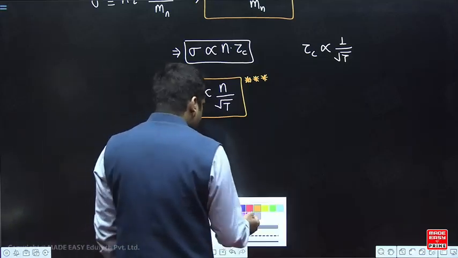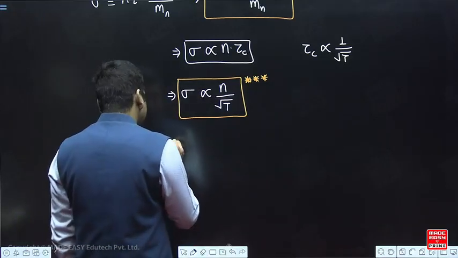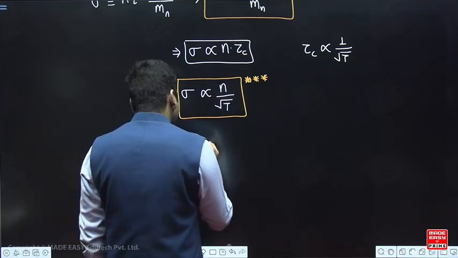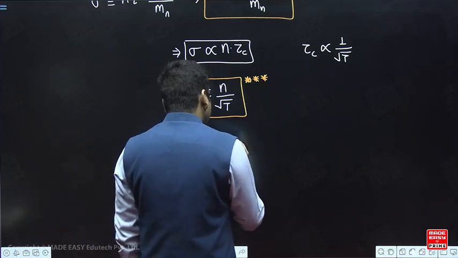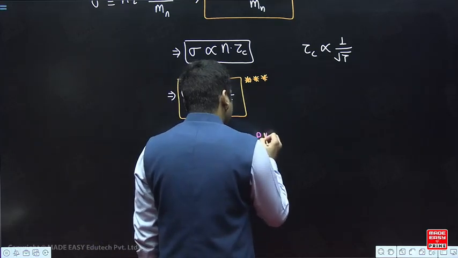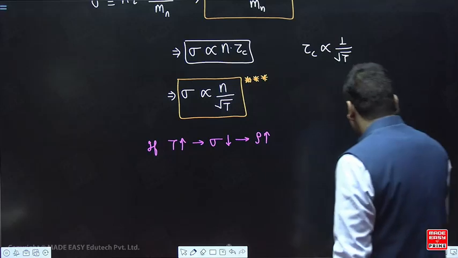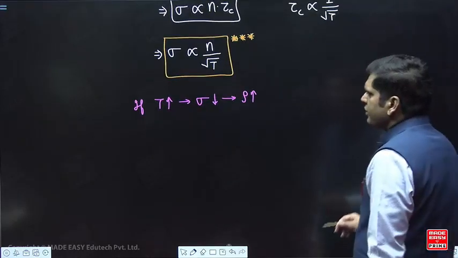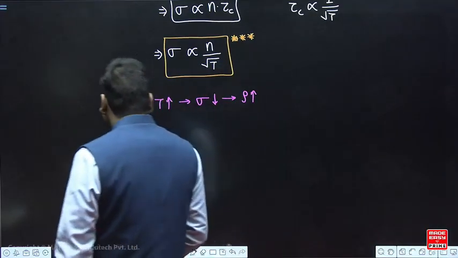So we can have one important observation: for metals, with increase in temperature, conductivity decreases and resistivity increases. Resistivity is the reciprocal of conductivity, so if conductivity is decreasing, resistivity will increase.